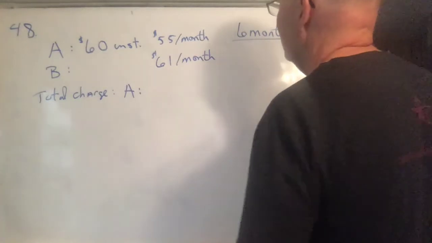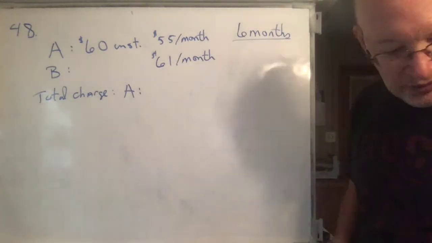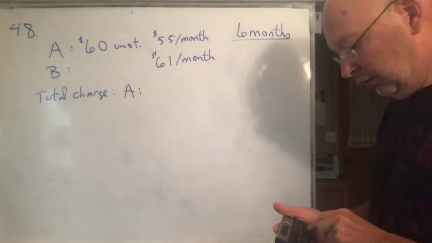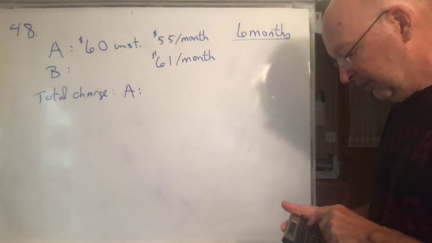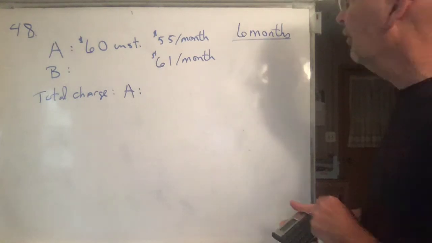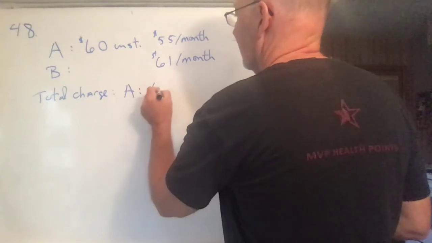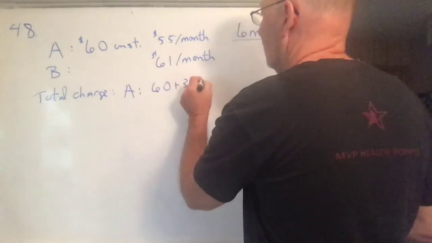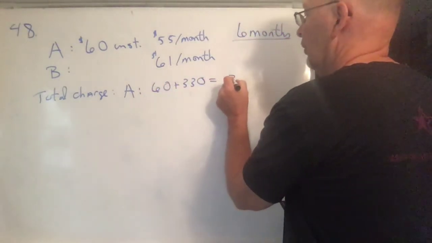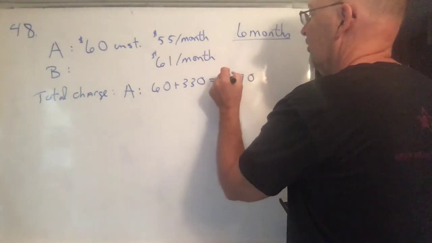So A would be 55 times 6. So 55 times 6 is 330. So it's 60 bucks plus 330 is a total of $390 after 6 months.